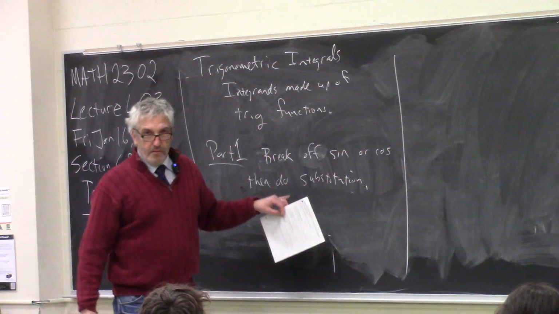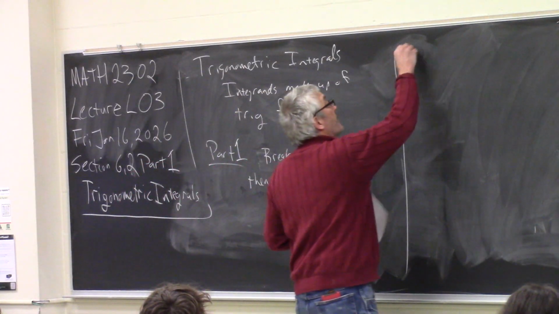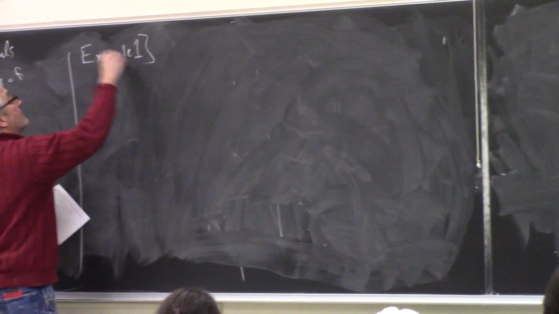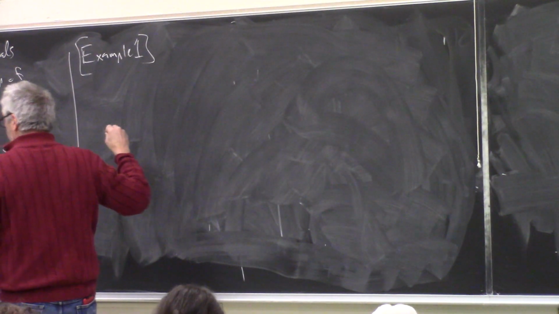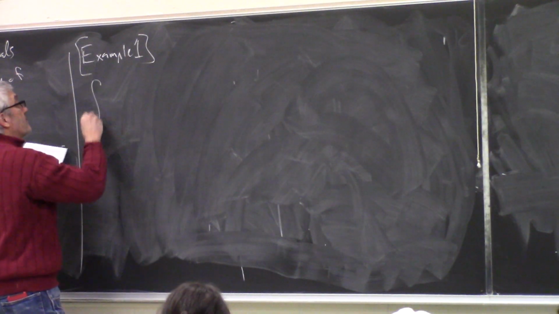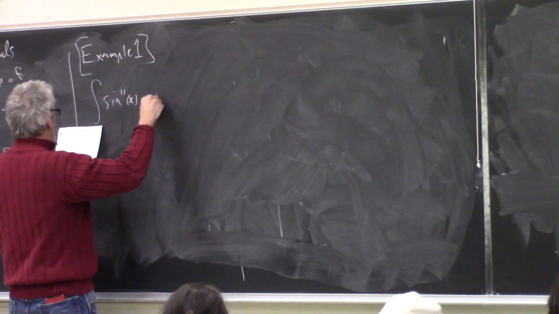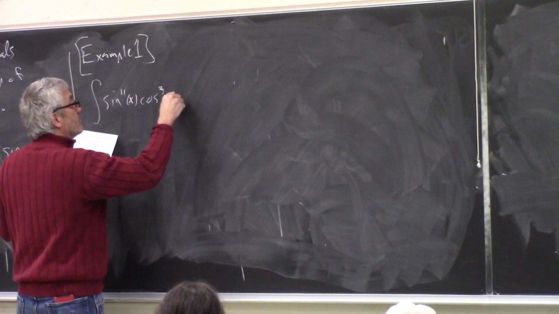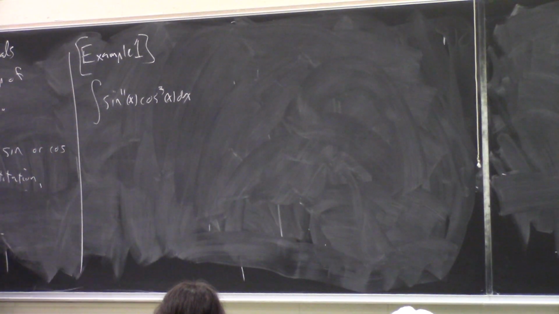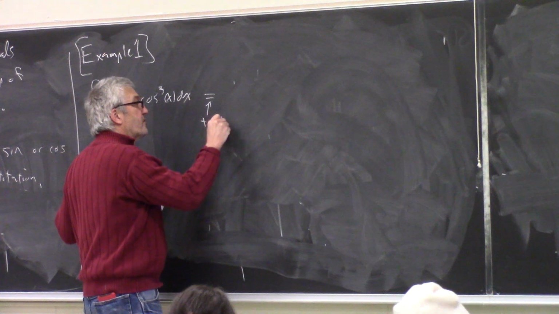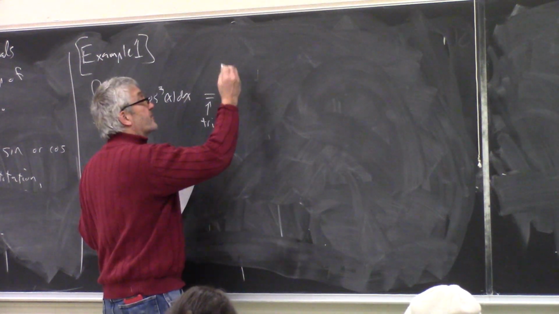All right, so let's do example 1. Find this integral. Well, the trick here is to break off one of the factors of cosine.